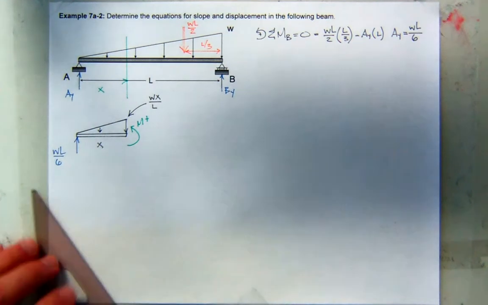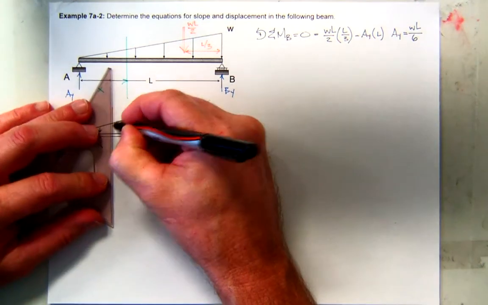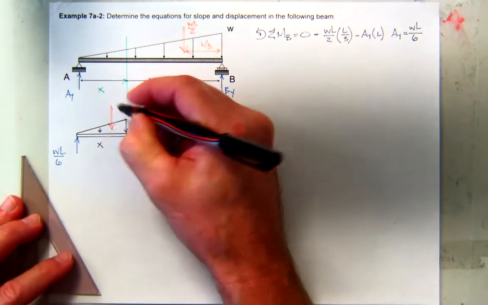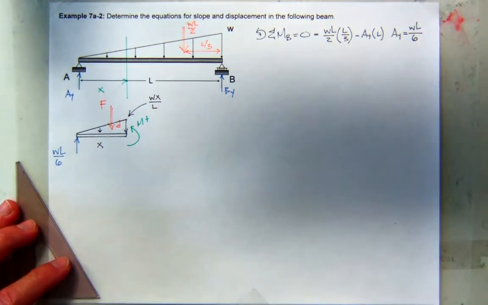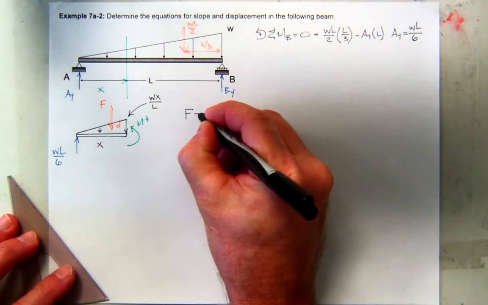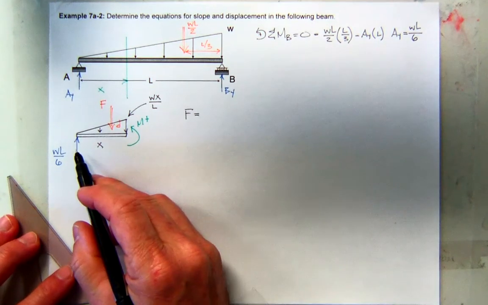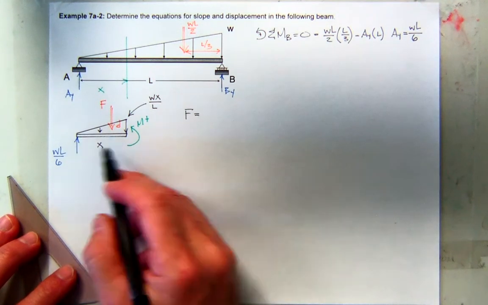So now what becomes then the concentrated force and the distance? Well, I'll write these over to the side here. So the force is going to be what? Yeah, it's a triangle, so it's 1/2 base times height.